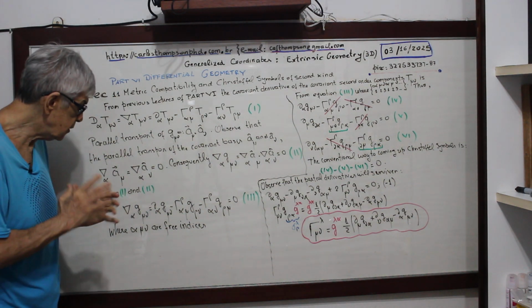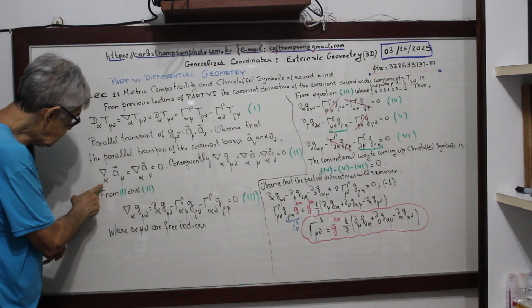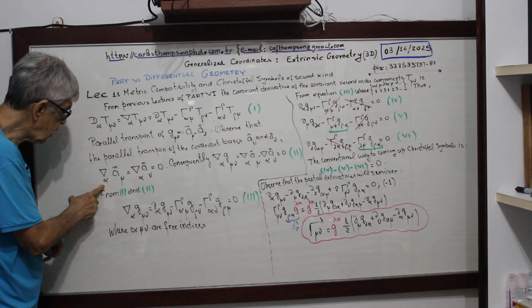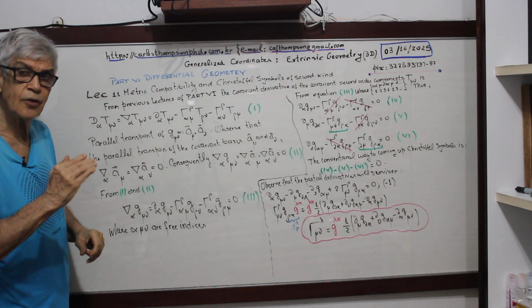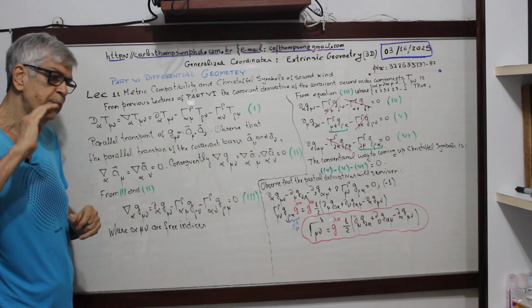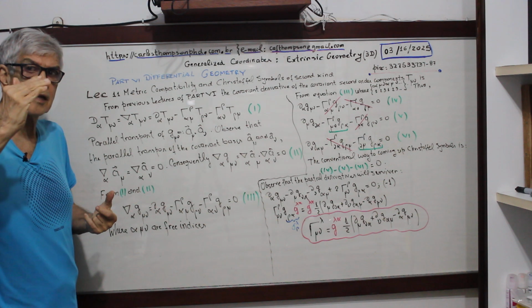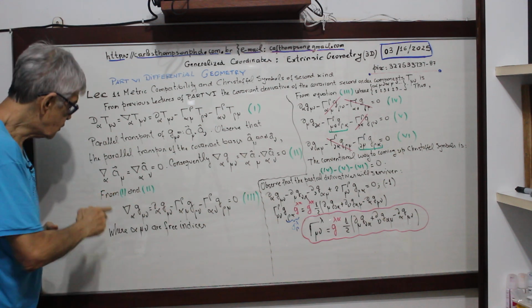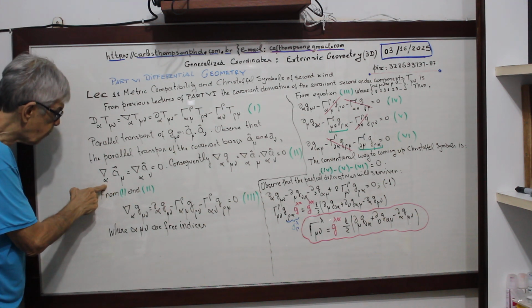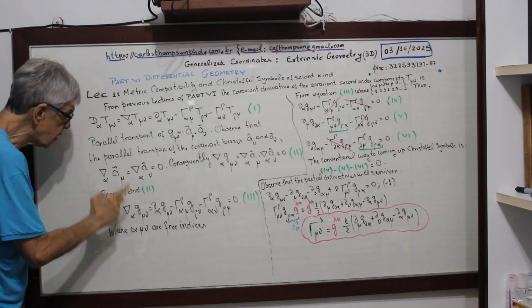This α, being an upper index in the denominator, is covariant. Don't forget that.